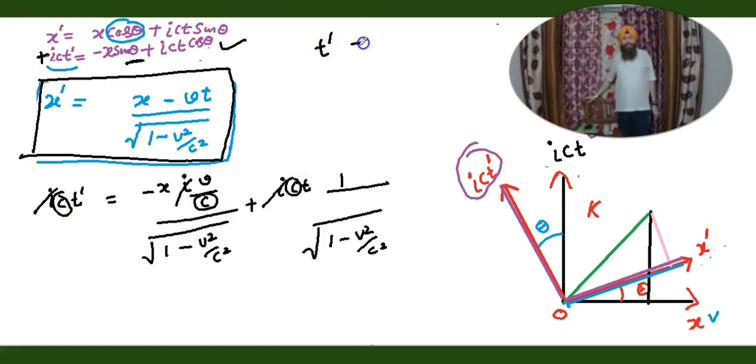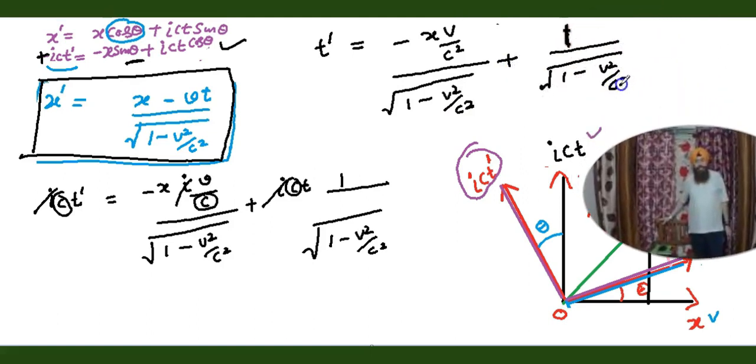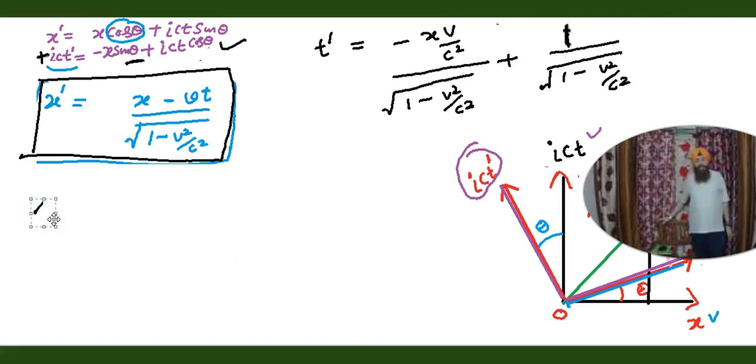T dash becomes equal to 1 upon root of 1 minus v square over c square, sometimes it is also called gamma.